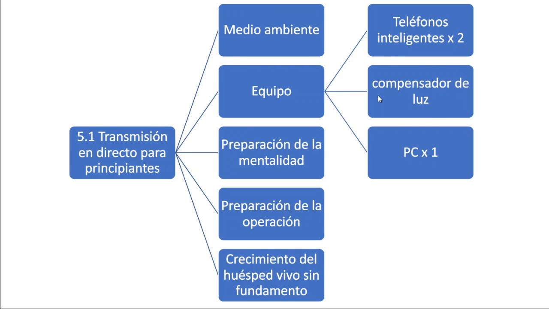And also, we definitely need a light compensator. If you buy a phone stand, usually it comes with a light compensator in a ring shape, and it provides some extra bright white light when you're filming.